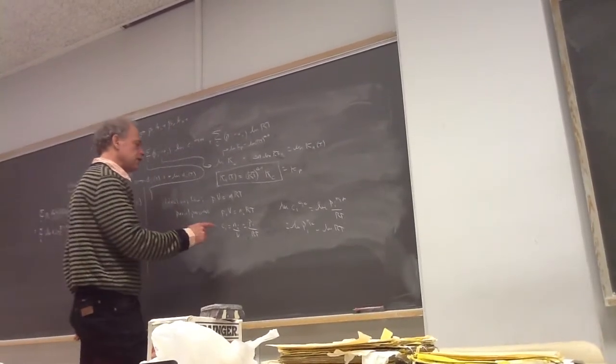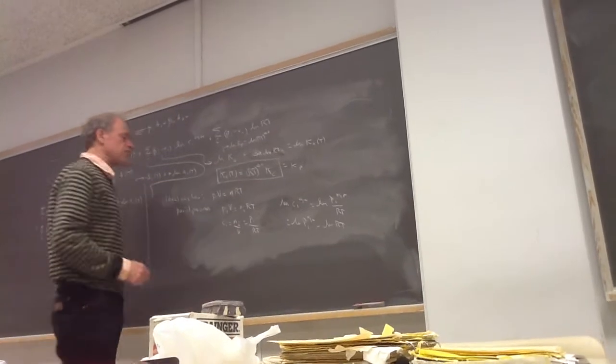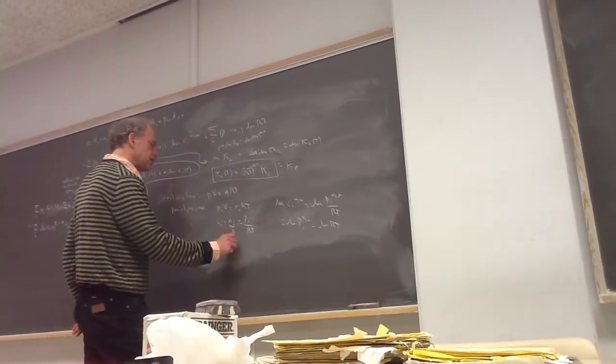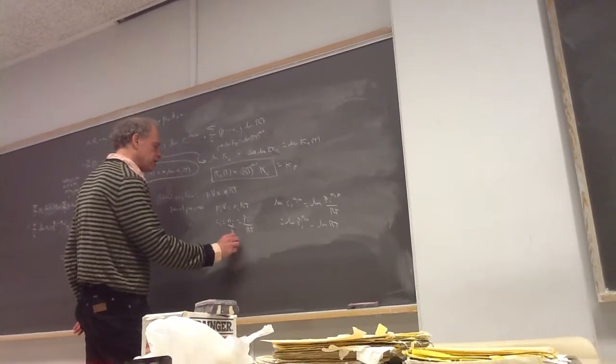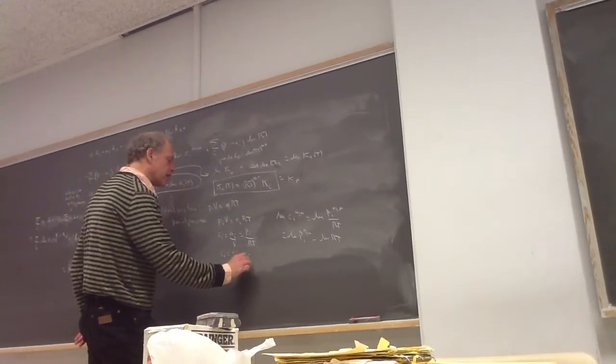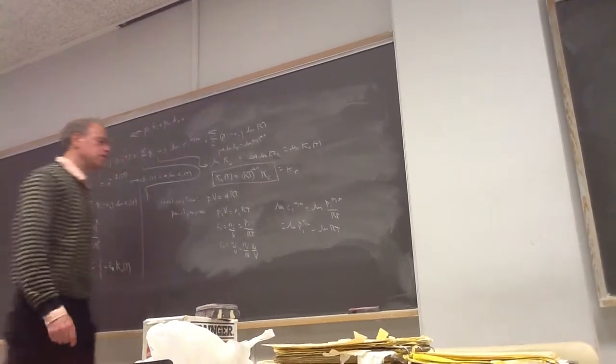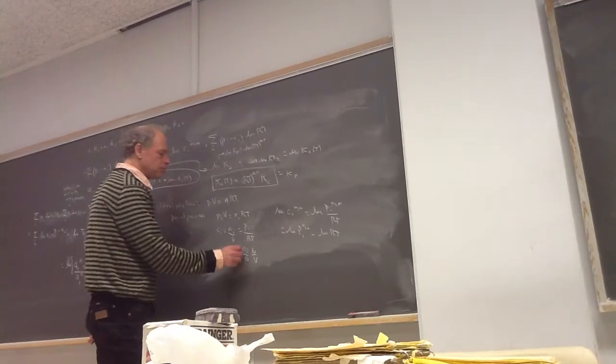Now let's also notice that Ci, as we said, is Ni over V. And Ci, which is Ni over V, is equal to Ni over N total times N total over V, where this is the mole fraction, Xi.